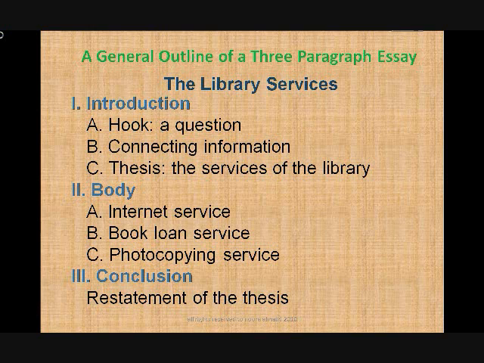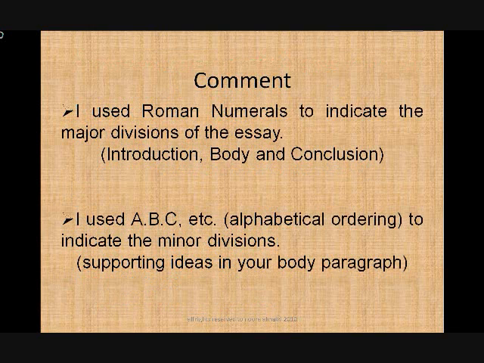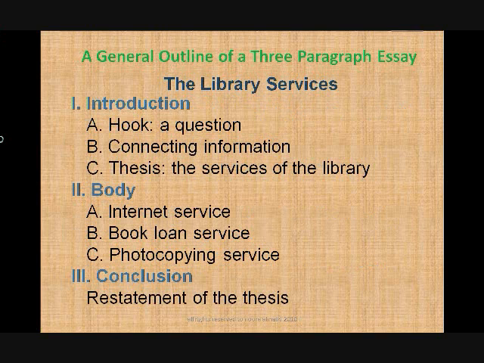I used A, B, C, alphabetical ordering, in capital letters, to indicate the minor divisions under the body paragraph, the supporting ideas. So under body, I have A, internet service, B, book loan service, C, photocopying service.